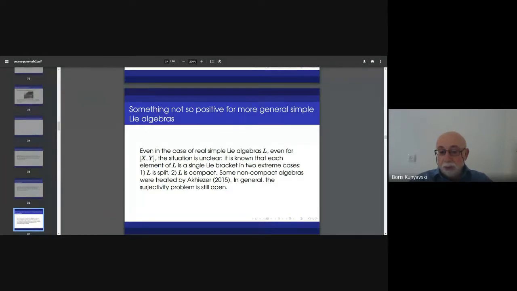So, once again, for those who love challenging problems and maybe who are good enough with computers, going case by case through the Dynkin classification, or the Killing-Cartan classification, one can treat all possible situations with the help of a computer, but this is a piece of work.